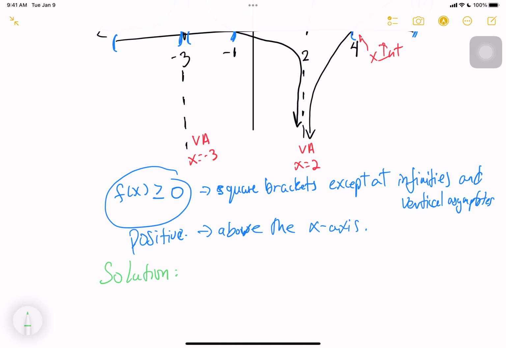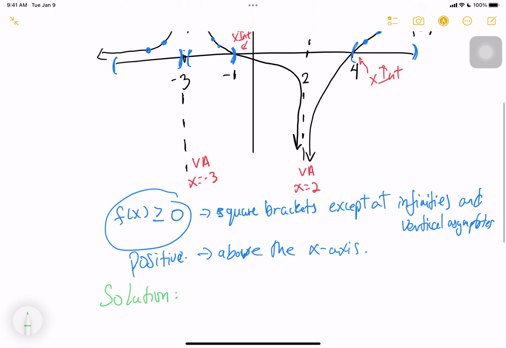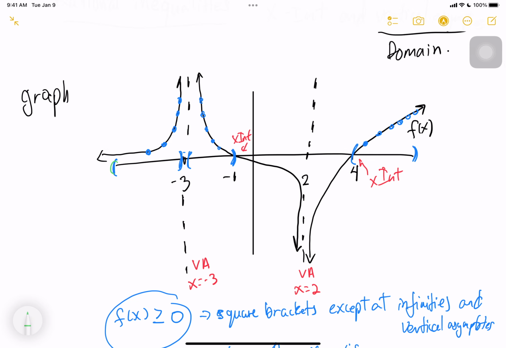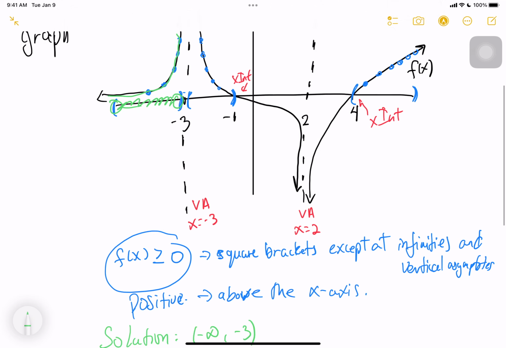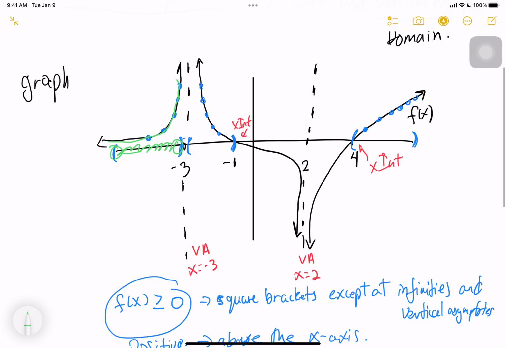So the solution comes entirely from investigating the graph of the function. So from negative infinity until negative 3. So in other words, open circle, shade. Between here and here, the graph is above the x-axis. But that vertical asymptote is a hard wall, so you've got to stop right there. And then from negative 3 to negative 1, open circle, closed circle.